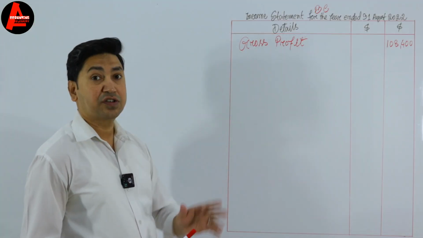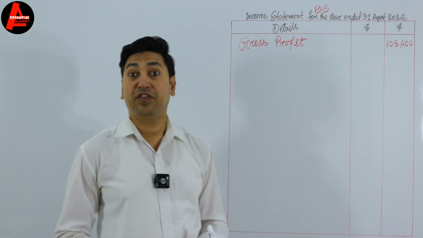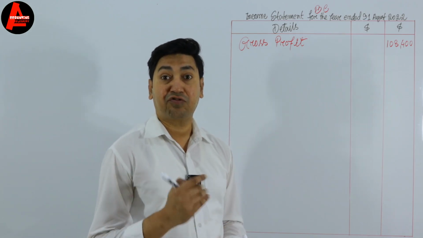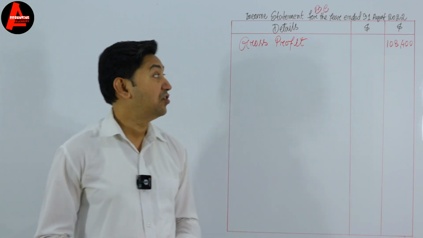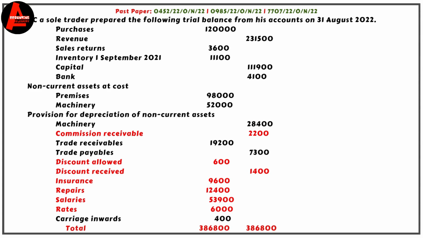After gross profit, what is our next step? If we have any income-related items in the trial balance, we need to add them to the gross profit. In the question we have commission receivable, on the credit side, $2,200, and we also have discount receipt $1,400.